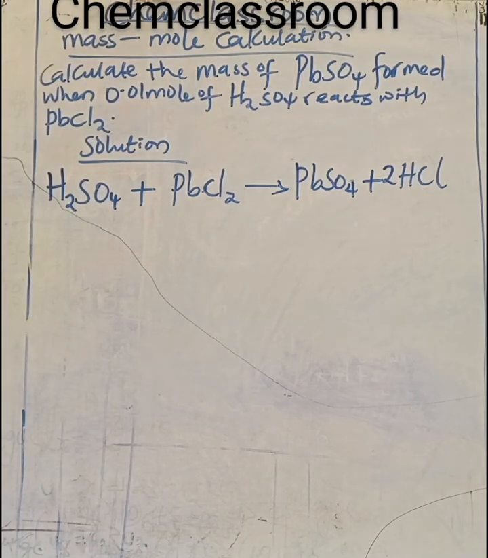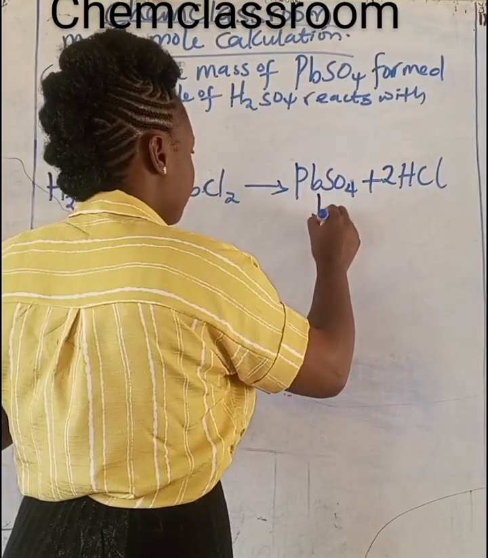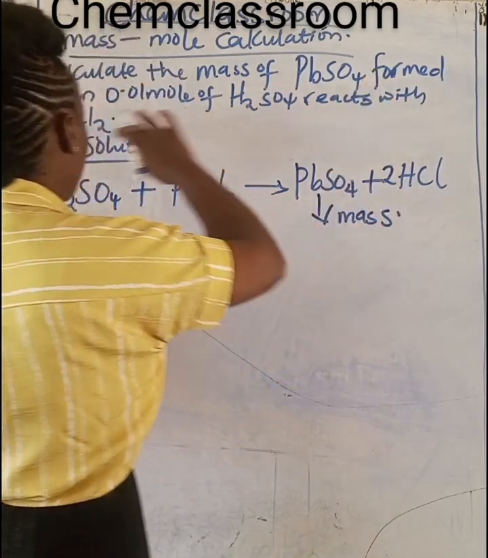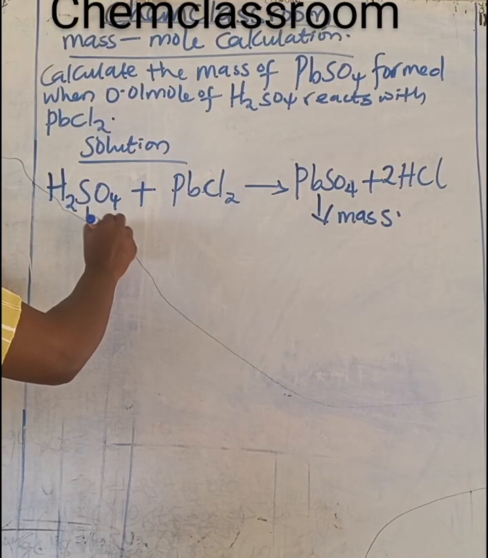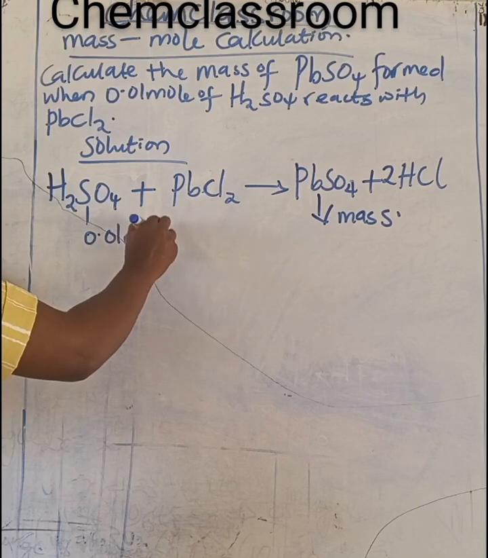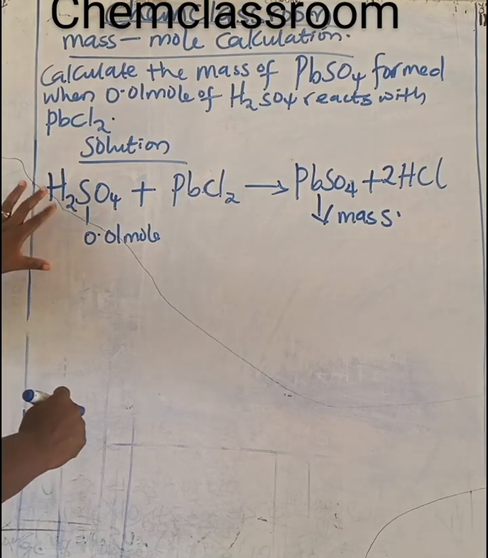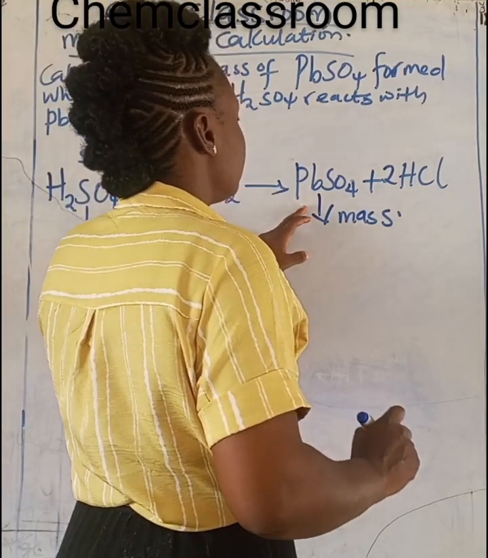Calculate the mass of lead tetraoxosulfate 6 formed when 0.01 mole of H2SO4 reacts. So in this question, I'm relating H2SO4 with mole, and I'm relating my lead tetraoxosulfate 6 with what? Mass.